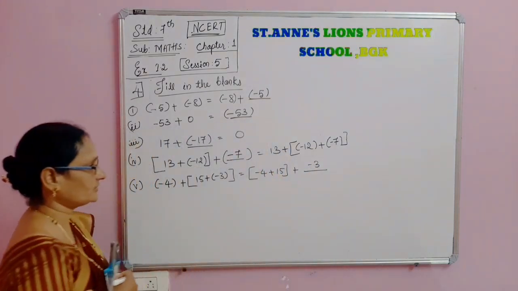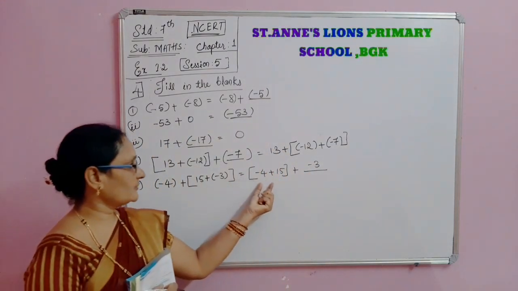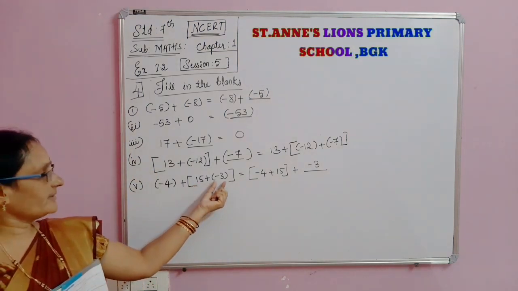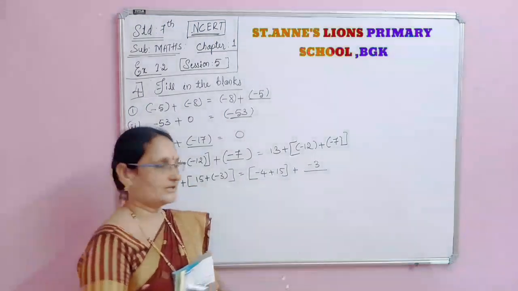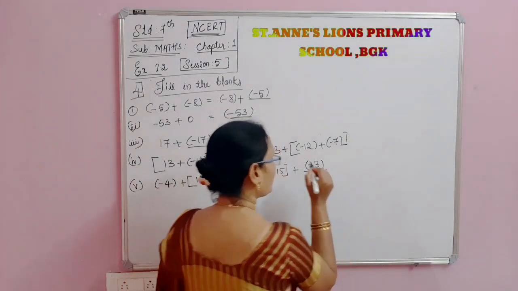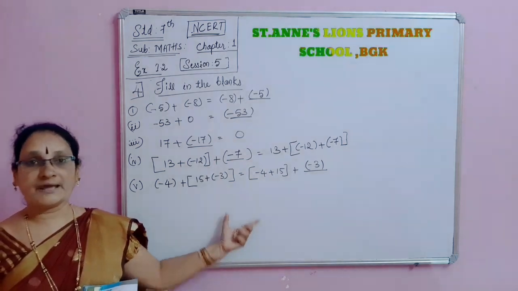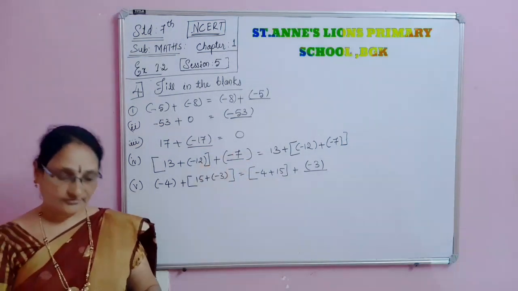Why did I write minus 3 here? Minus 4 is here, 15, 15. This is the associative property again. Minus 3 is missing here, so minus 3 will come. So we can apply the properties here in fill in the blanks.